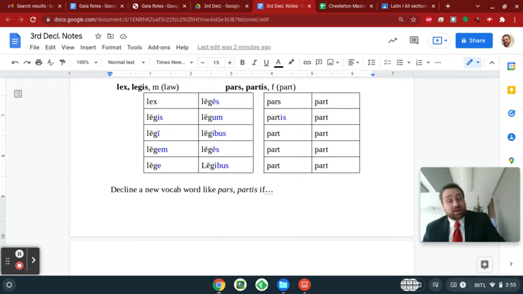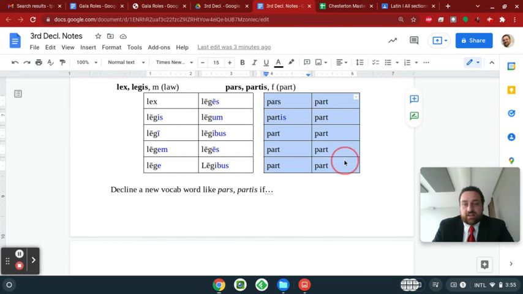So on this upcoming test, the one that you'll have next, you're going to do that same word again. Ten points out of the test are going to be exactly what you've already done. And then you're also going to decline another third declension word right next to it, and it's pars partus.